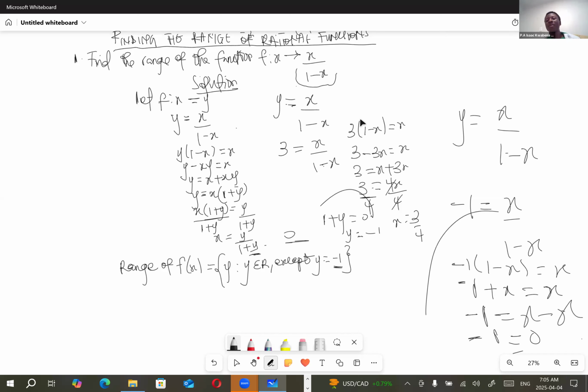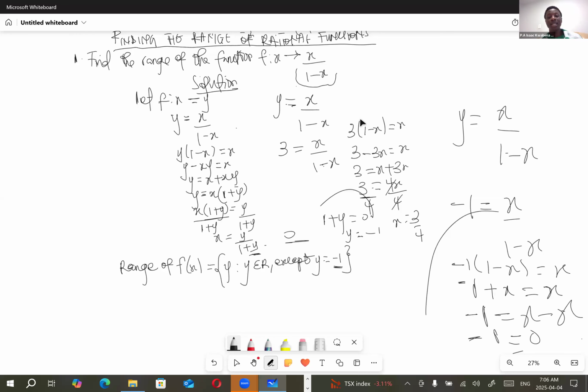When they ask you of the range, it means any value of y that makes the whole expression for x make sense. Any value of y that makes x defined, that's the range.